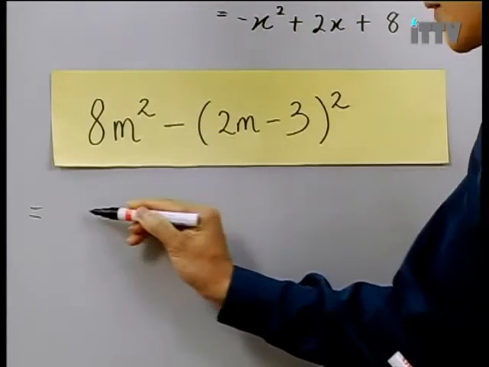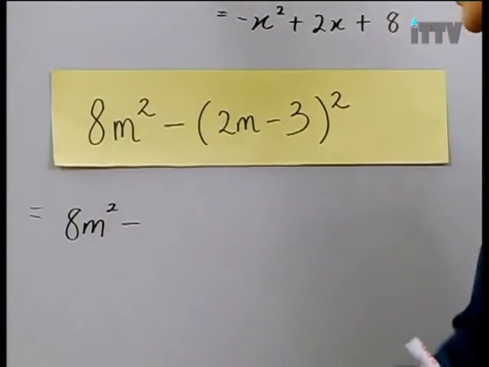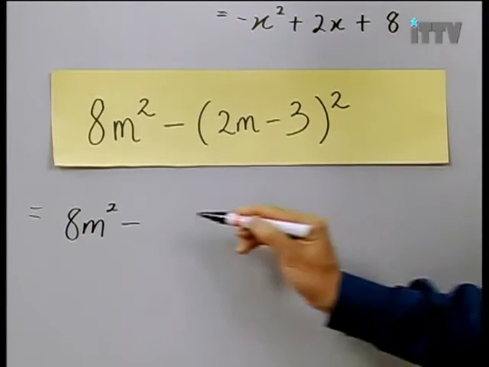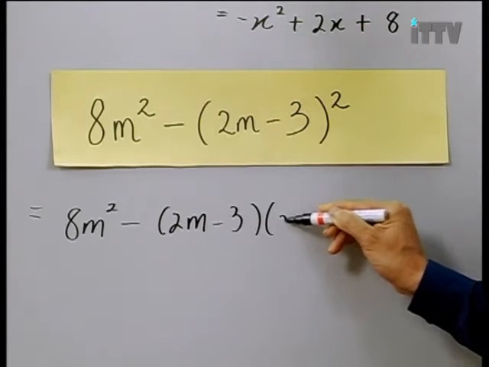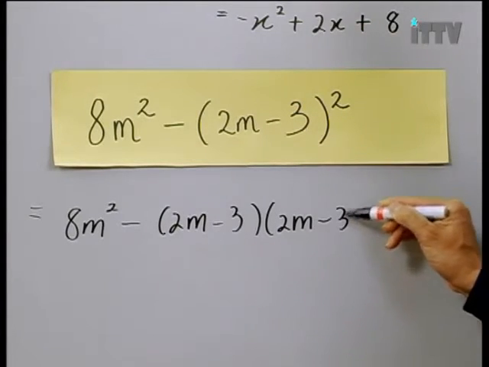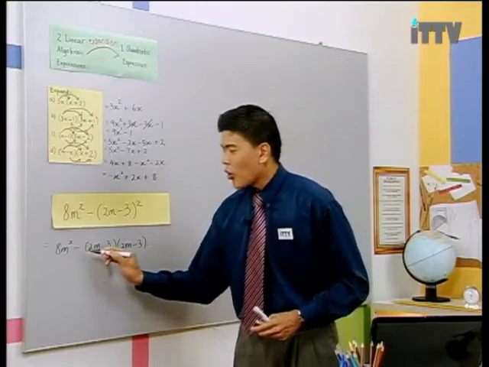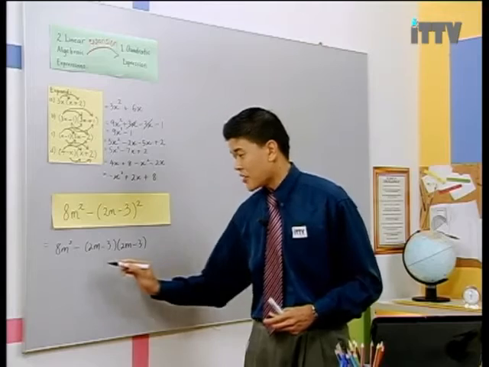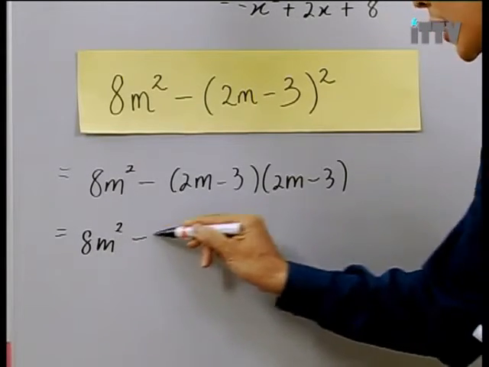Okay, and we have learned just now 8m squared minus 2m minus 3 squared is actually 2m minus 3 multiplied by itself. Okay, so now before you can minus, this needs to be multiplied first. So follow me. 8m squared minus.